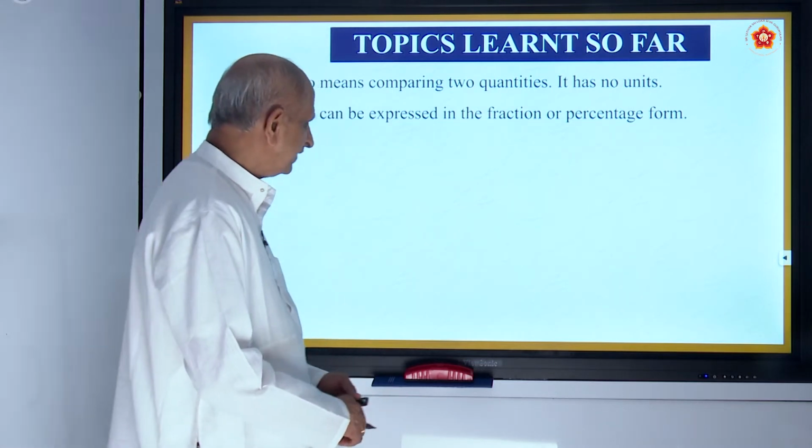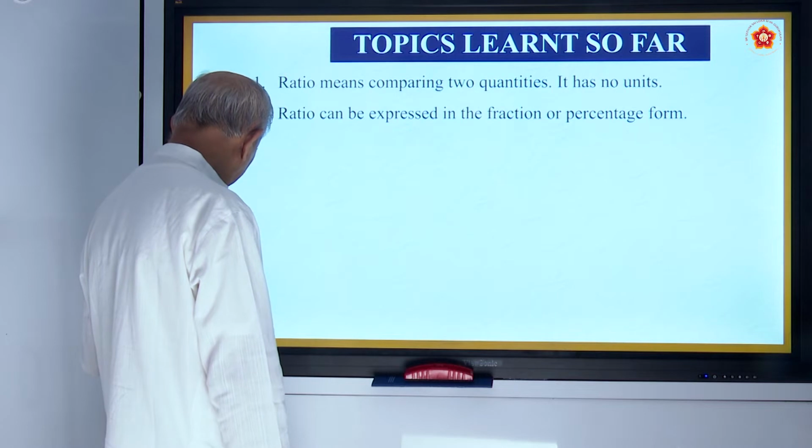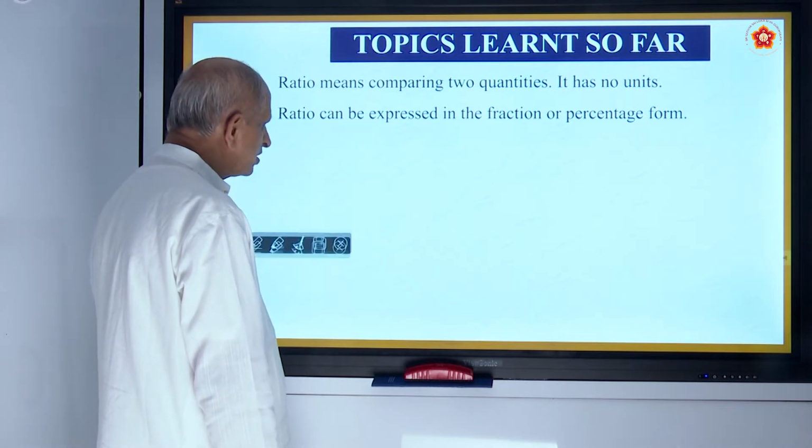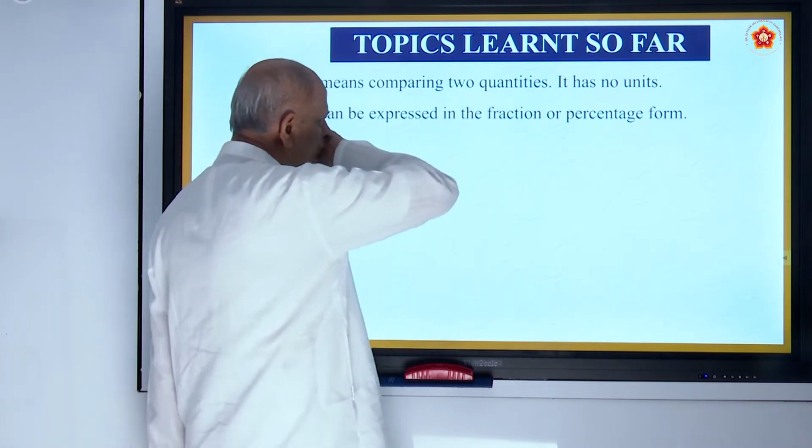Any ratio can be written in the form of a fraction also, and in percentage also. To write in percentage, the denominator must be 100.